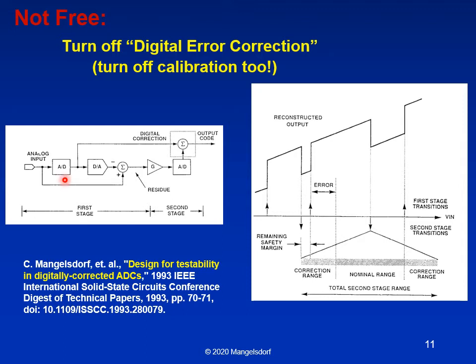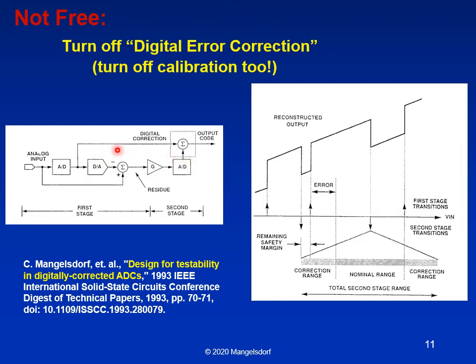Well, these days, that correction range is used for all kinds of things: sampling errors, slewing problems, even distortion. So the extra range that you have in the second stage is not necessarily just fixing comparator errors in the first stage. And sometimes you want to know how much the errors are contributing.